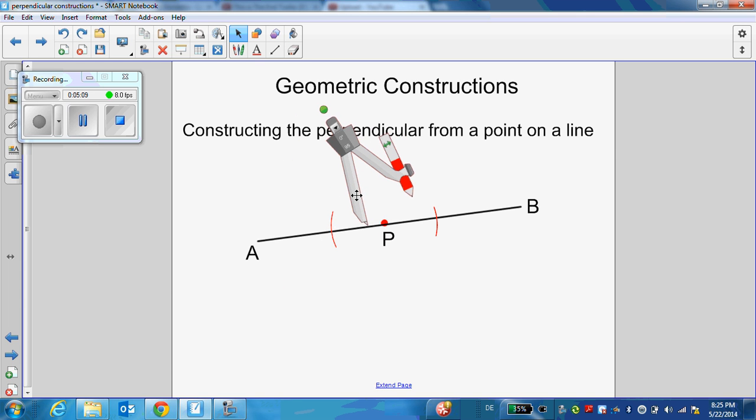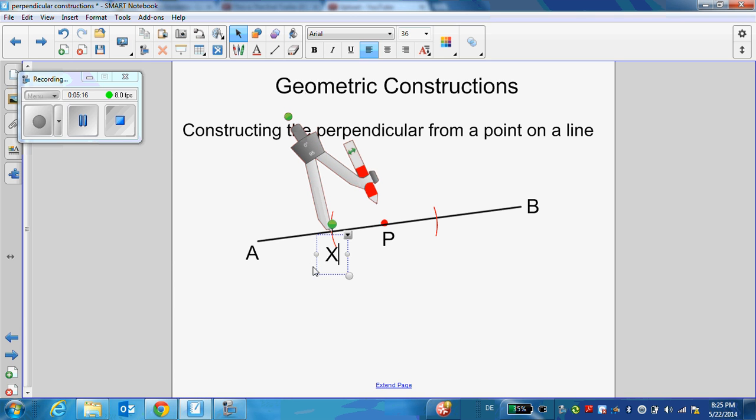And then we go to this little point here, which, like always, we have to label. Let's label this X. For whatever reason, the book says X. And Y over here. Now we have A, B, P, X, Y. I don't know. It's the book's idea.